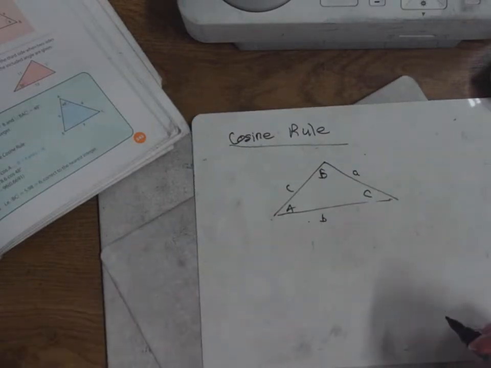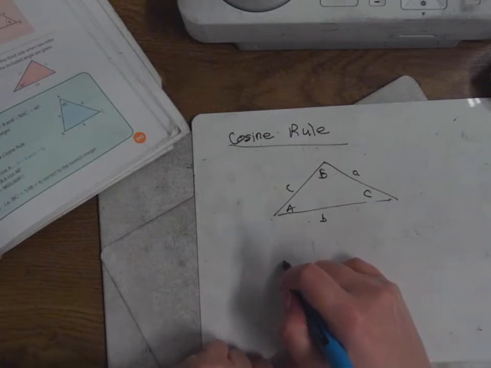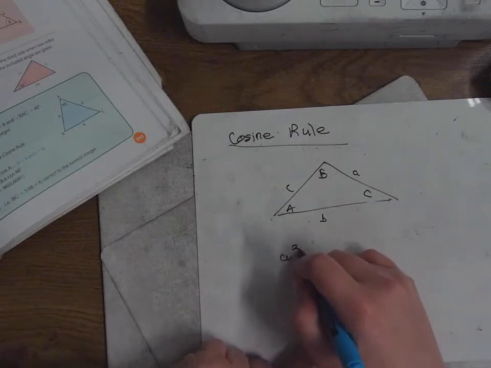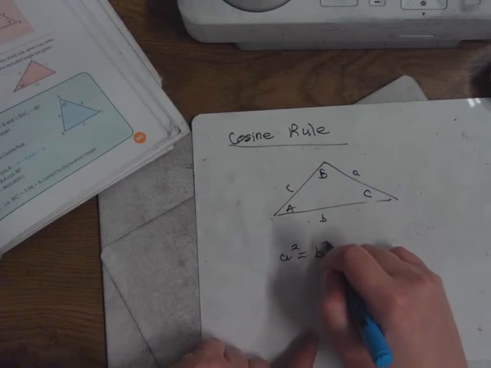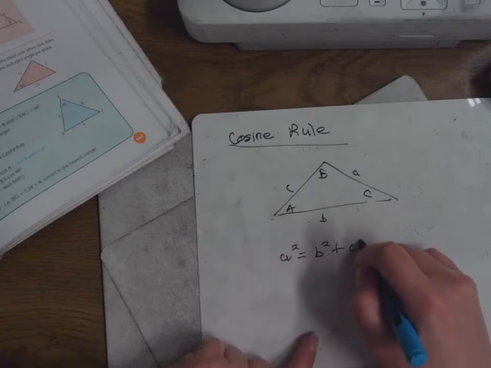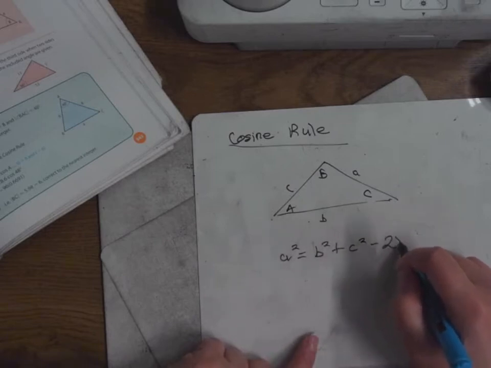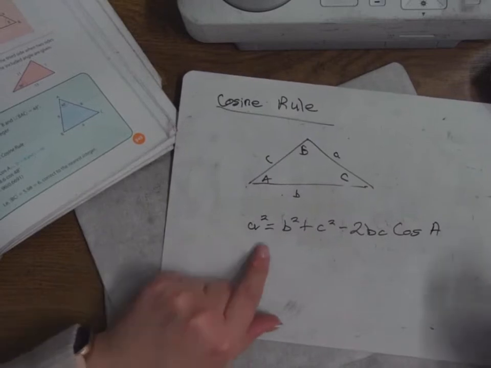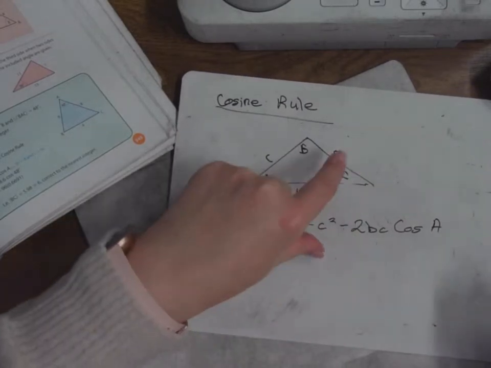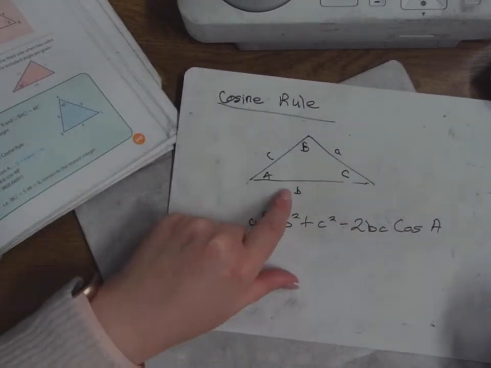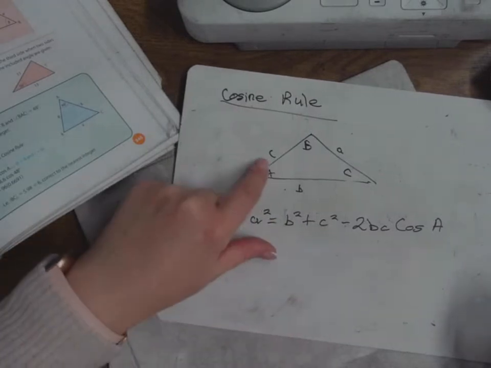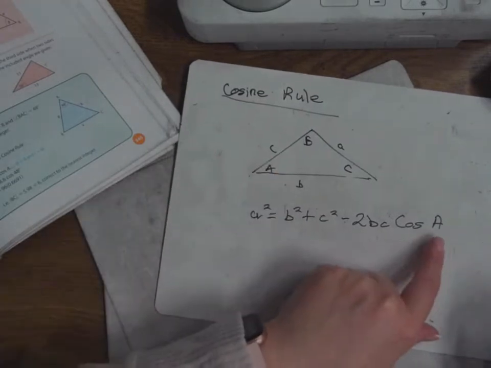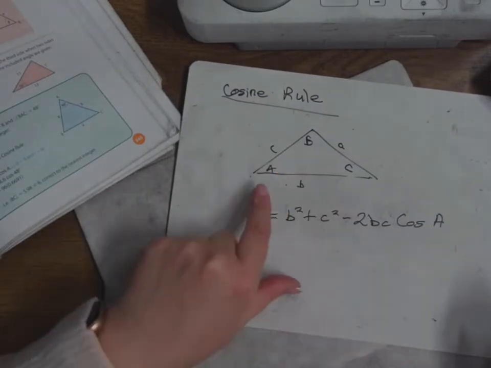The cosine rule is written in one form in the log tables. So it's a squared equals b squared plus c squared minus 2bc cos A. Right? So a squared is the length of the line A, b squared is the length of the line B, c is the length of the line C, and then capital A is the cos of this angle.